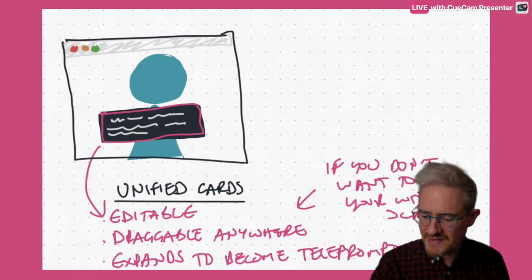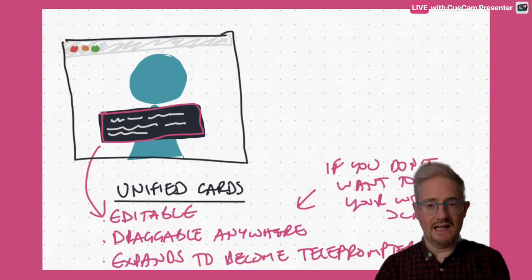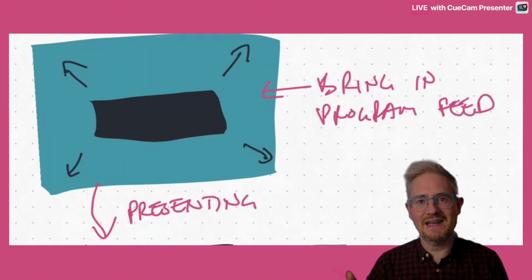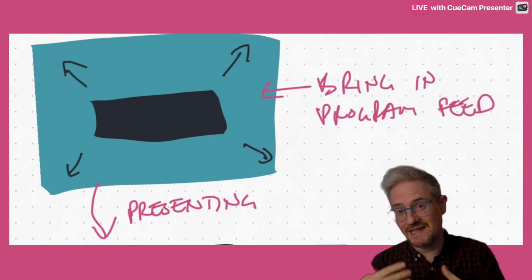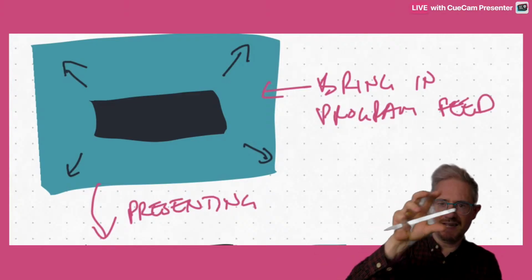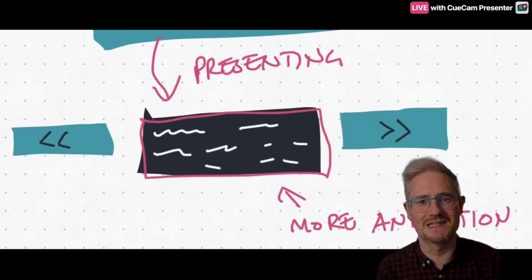But it'd also be a loose window, so you could drag it anywhere, and it would be your teleprompter window, right? Then you could expand it out, and it would have the program feed in it, and it would become what the current teleprompter window is. It would unify everything between these different areas, where currently there are a few too many windows, which is the problem.